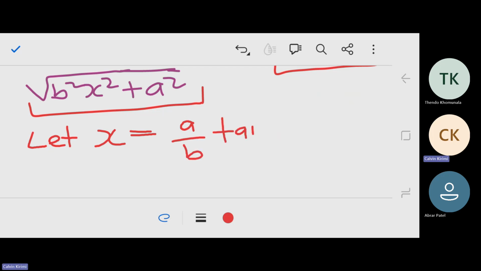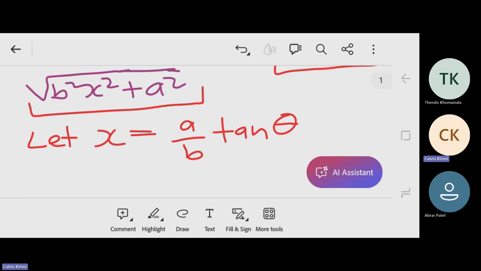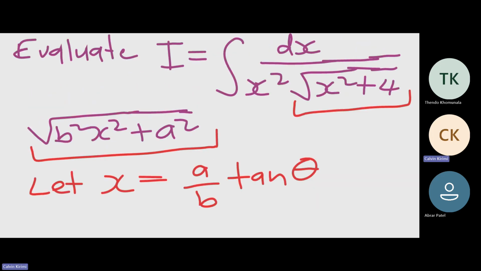Whenever you are given this, you must be able to identify whether a squared is added to b squared x squared, or whether it is subtracting. If it's subtracting, then it can be either secant theta or sin theta. But for addition, you must just know it's tan theta: addition, x equals a over b tan theta.